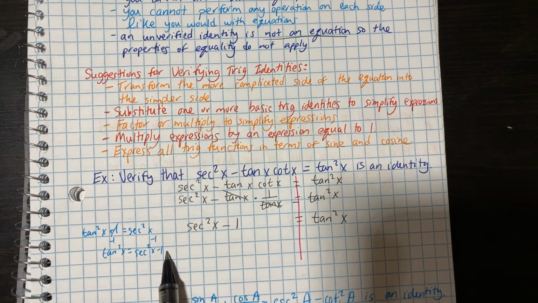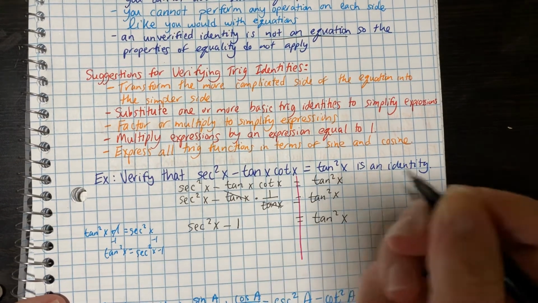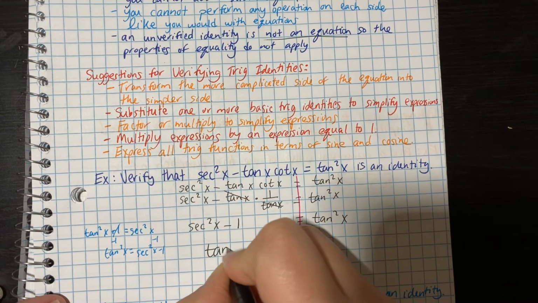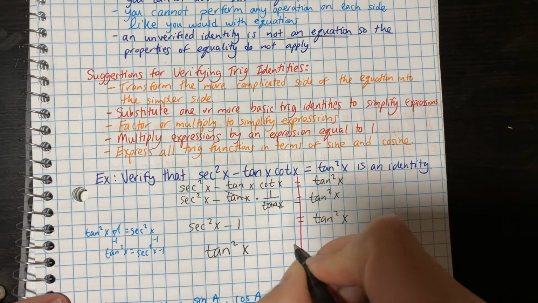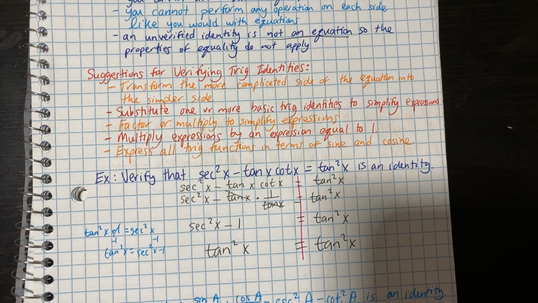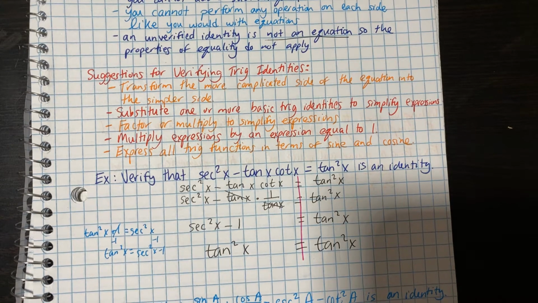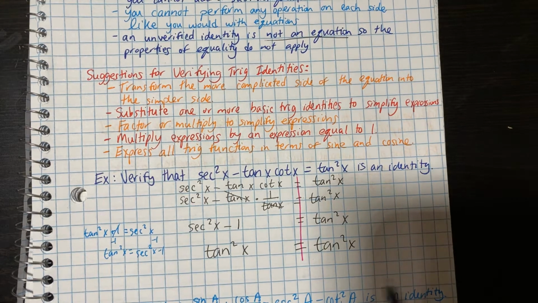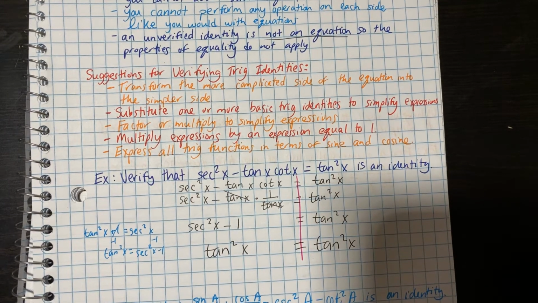So this is really tan squared of x equals tan squared x. So at this point right here, I have successfully made both sides of my equation equal, and that means my equation has been verified.